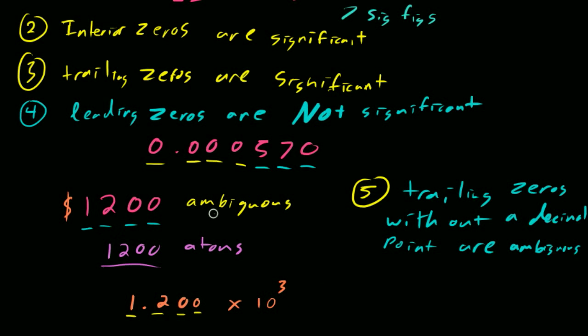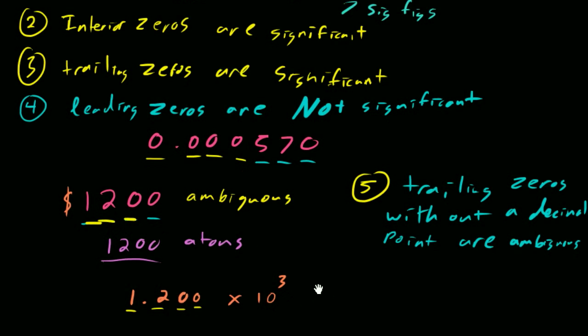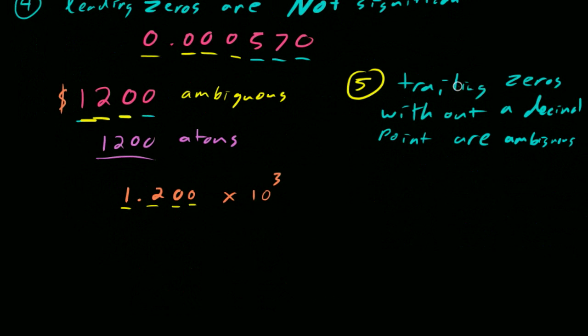How about, what would it be like if we only had three significant figures? How would we write this in scientific notation if we only had three significant figures? So actually, I'll just write this down. This is 4 sig figs. So how about if we had 3 sig figs? How would we write down 1200 using scientific notation? Well, we would leave one of these zeros off.